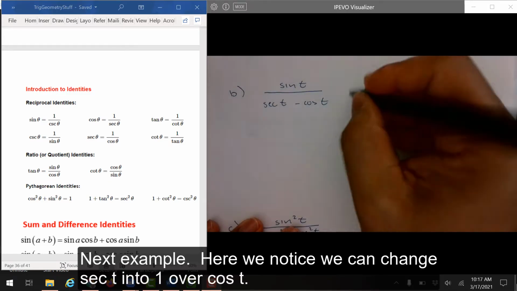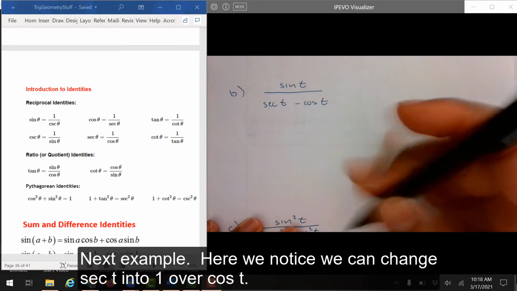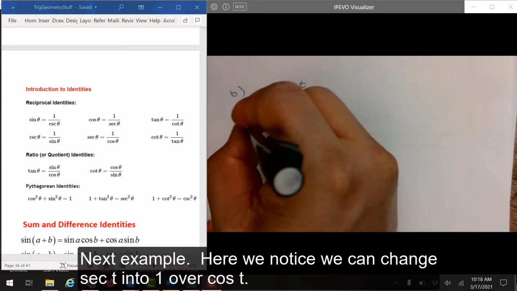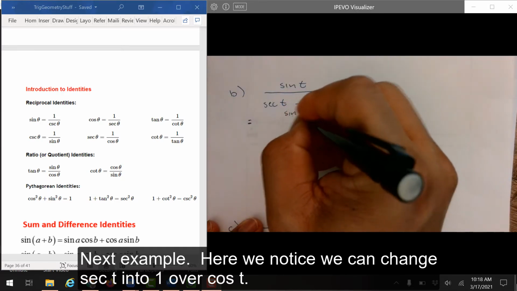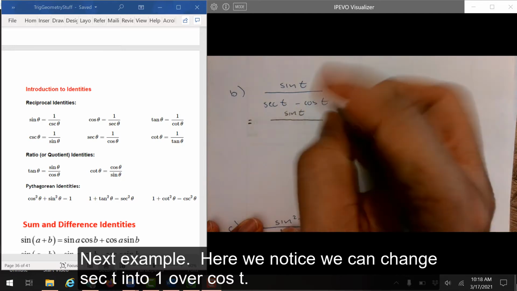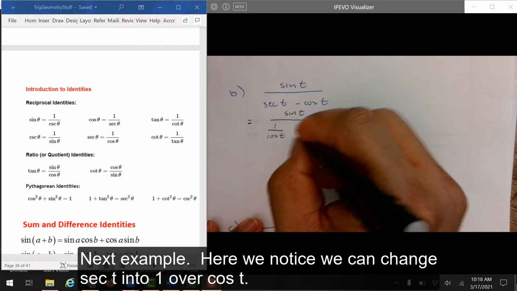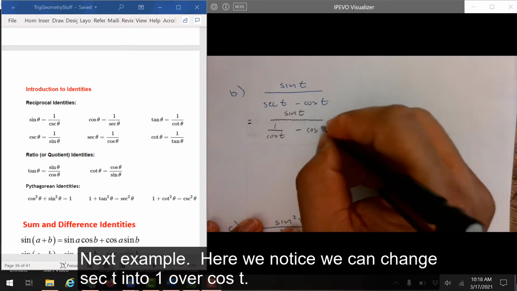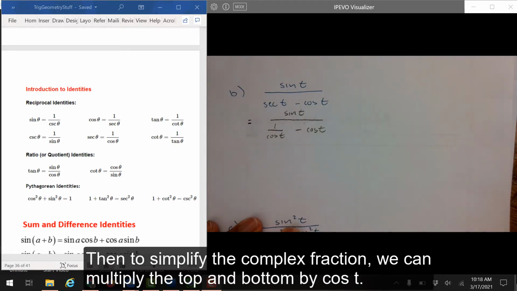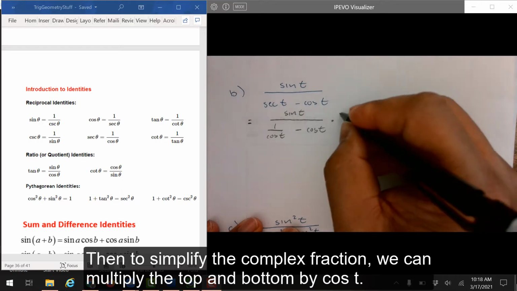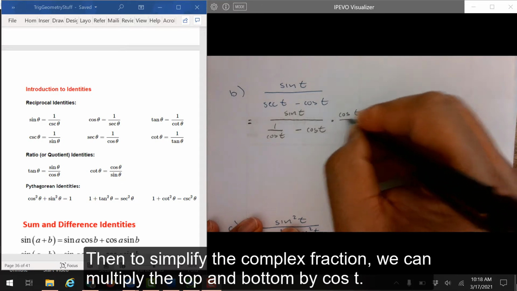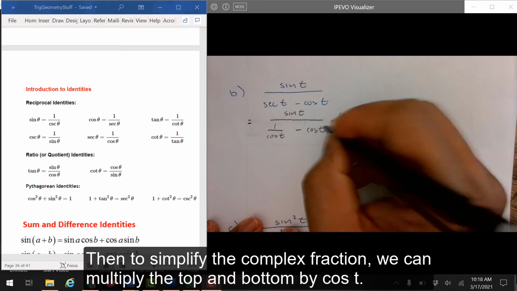Next example. Here we notice we can change secant t into 1 over cosine t. Then, to simplify the complex fraction, we can multiply the top and bottom by cosine t.